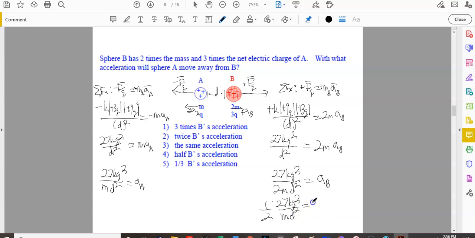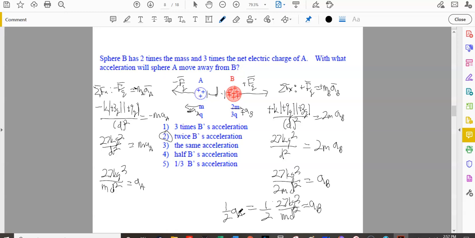This is the acceleration of B. If A is 27 kq squared over md squared, then B's acceleration is going to be half of A's acceleration. So the answer is half. A is going to have twice B's acceleration, and B is going to have half of A's acceleration. That's what that's saying.